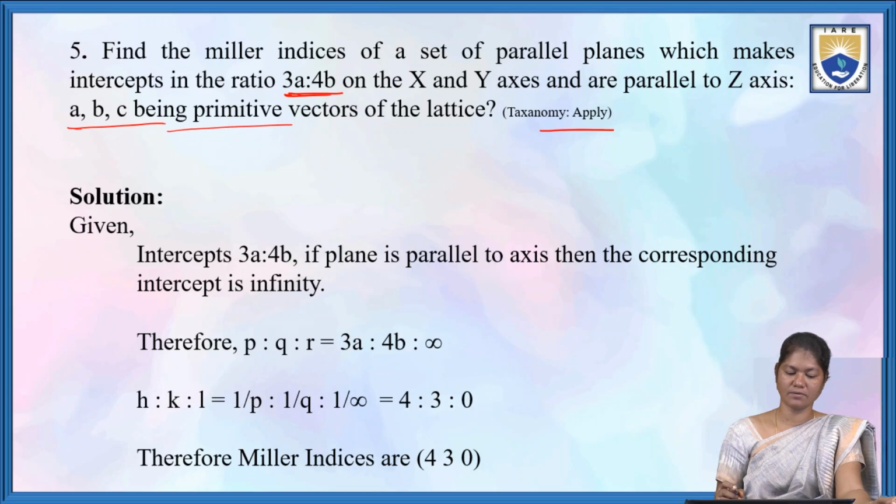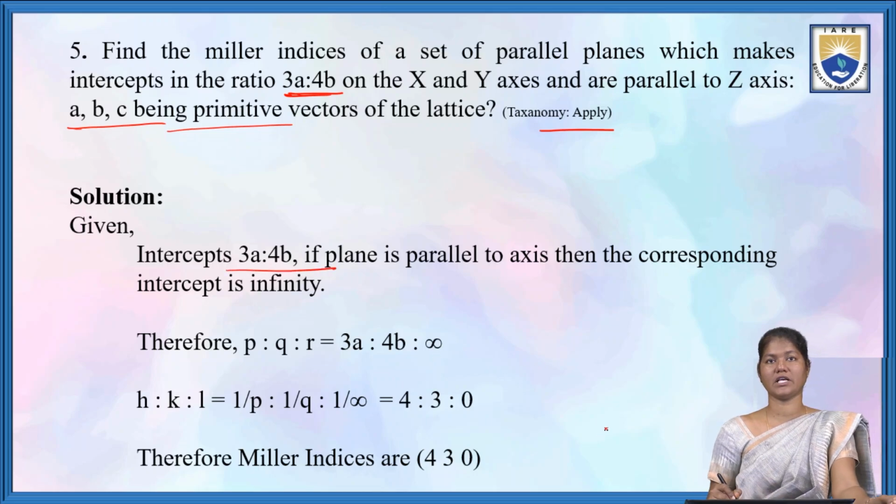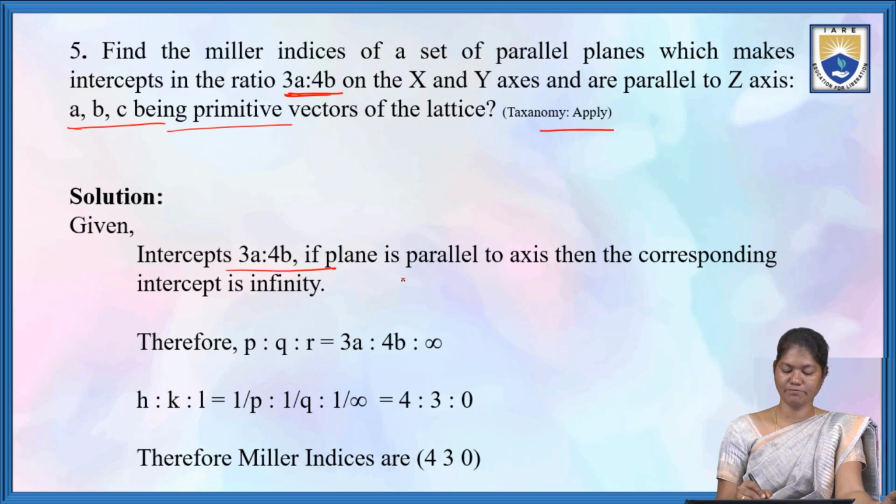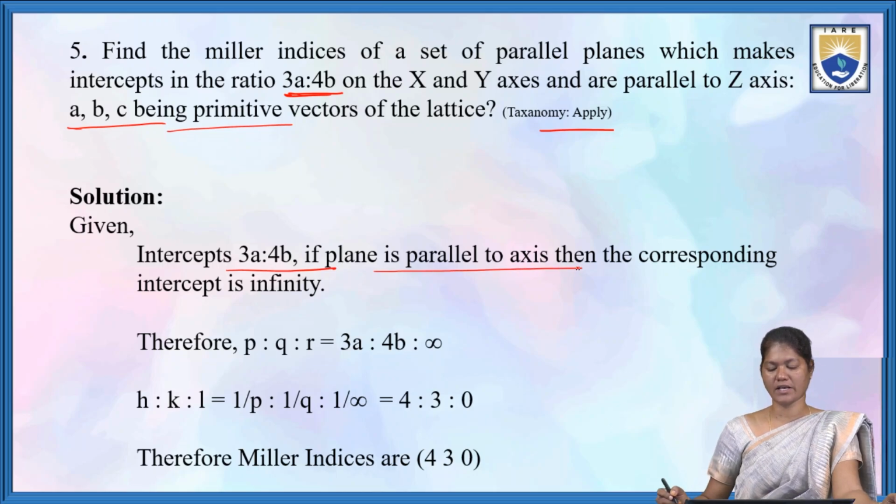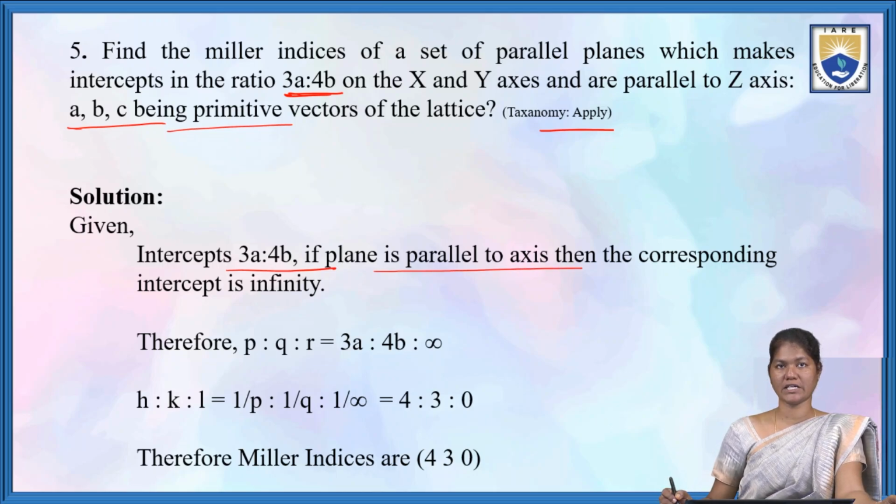So let's write the data given. Intercepts of 3a is to 4b. If a plane is parallel to an axis, then the corresponding intercept is infinity.